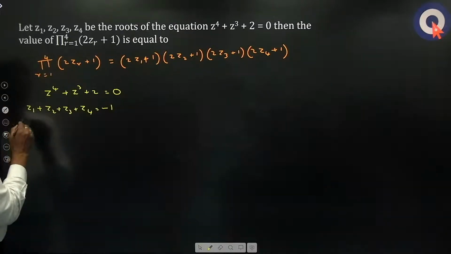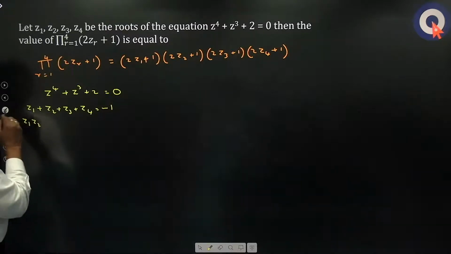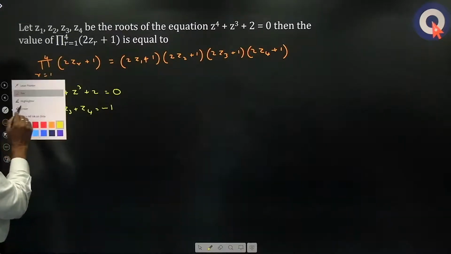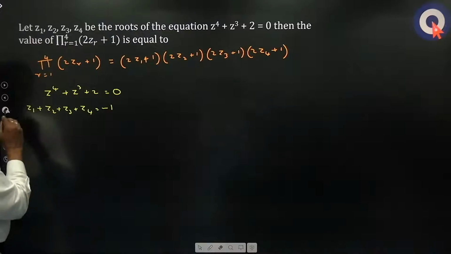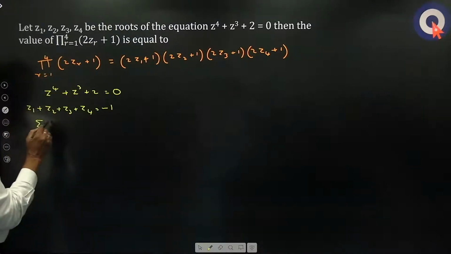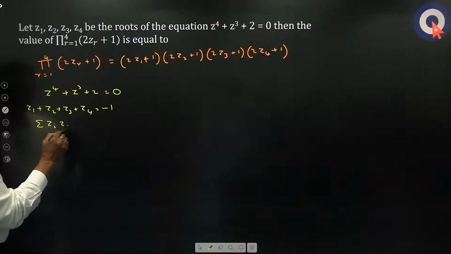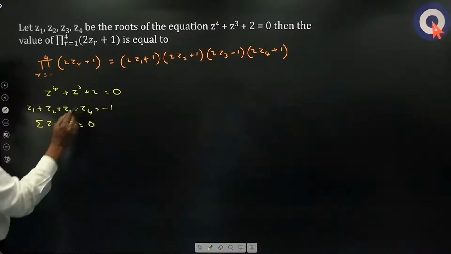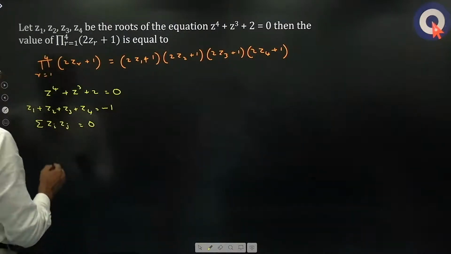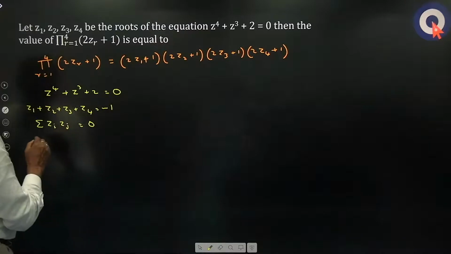Next is the sum of the products taken two at a time, sigma zi zj, and that is 0 because the z square coefficient is 0, and taken 3 at a time is also 0.